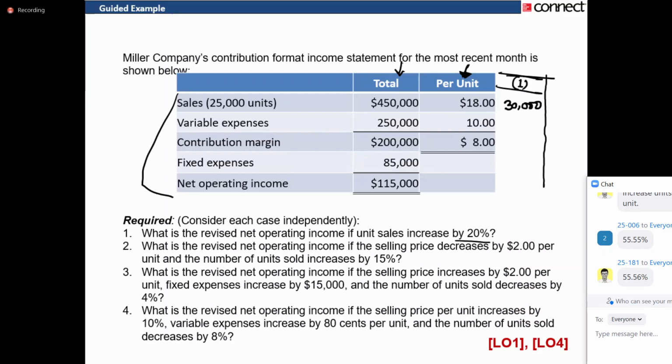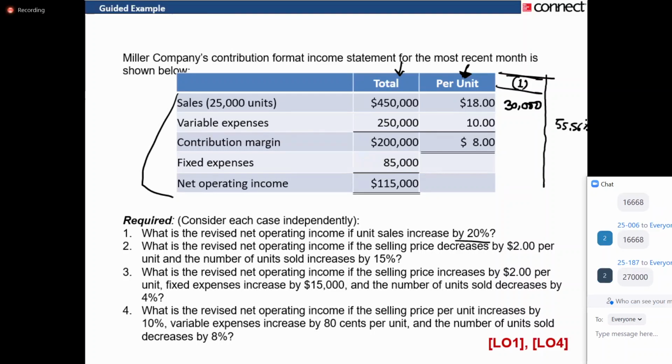So apply that number on the $30,000 sales to get the variable expense applicable for this. Apply the 55.5 or 6% on the 30,000 to get the variable expenses.